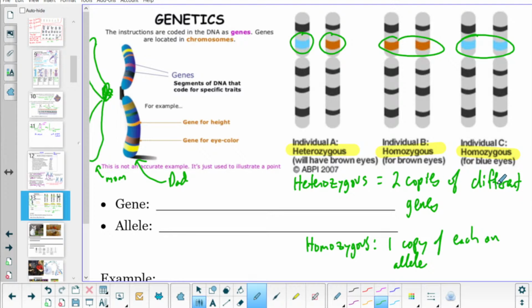Two copies of different genes. I'll give an example. So like B, there, that does it. One copy. Oh, that's the one that's wrong. Not each. That makes it seem like more than one. One copy of an allele.